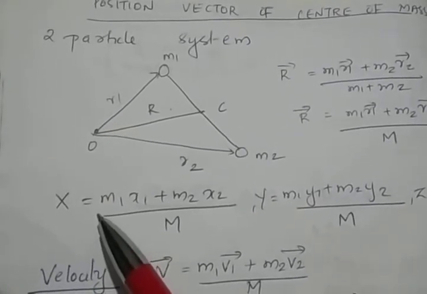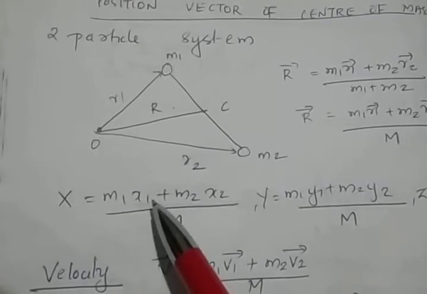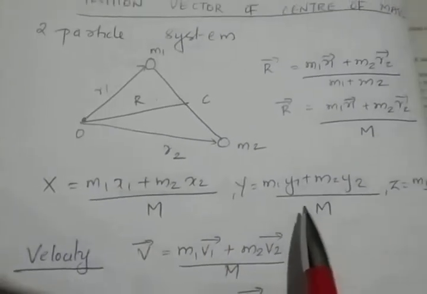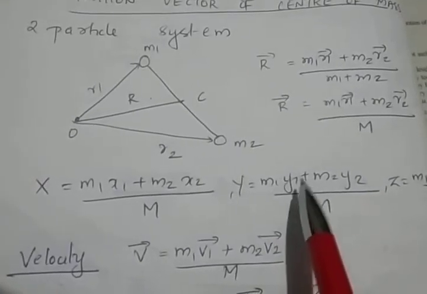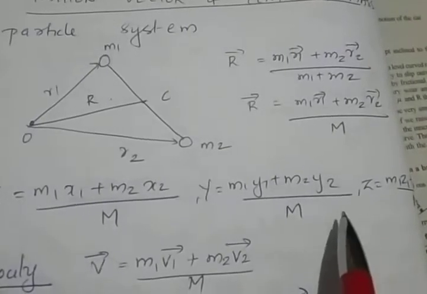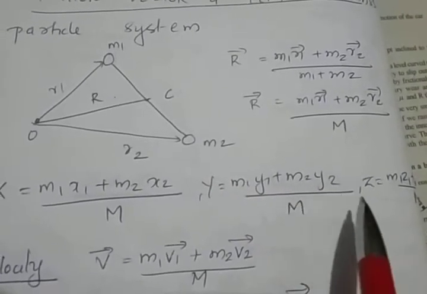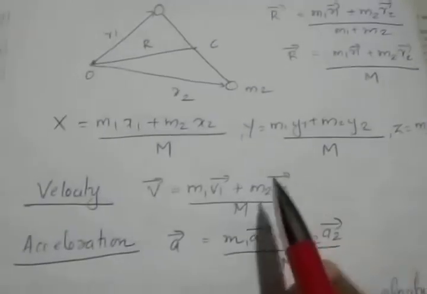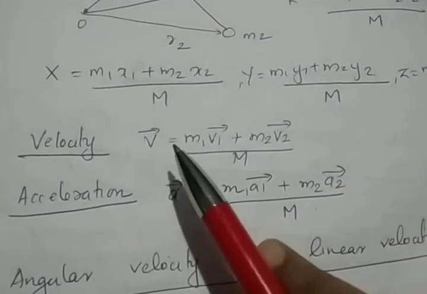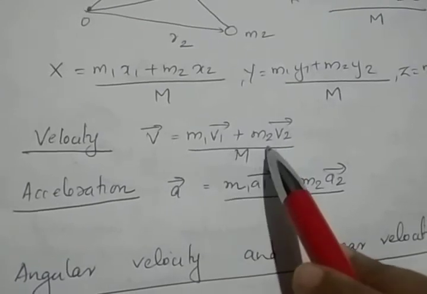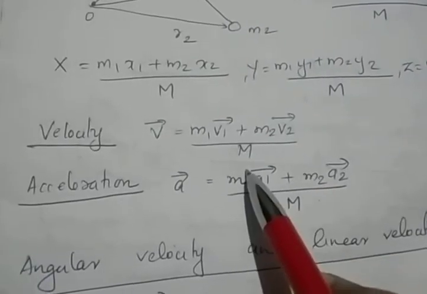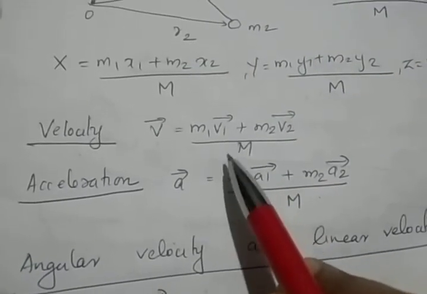X coordinate of the center of mass will be m1 x1 plus m2 x2 by capital M. Y coordinate of center of mass will be m1 y1 plus m2 y2 by capital M. And z coordinate of center of mass will be m1 z1 plus m2 z2 by capital M. Similarly, velocity of the center of mass can be written as v equal to m1 v1 plus m2 v2 by capital M, where v1 and v2 are the velocities of the particles in the system.